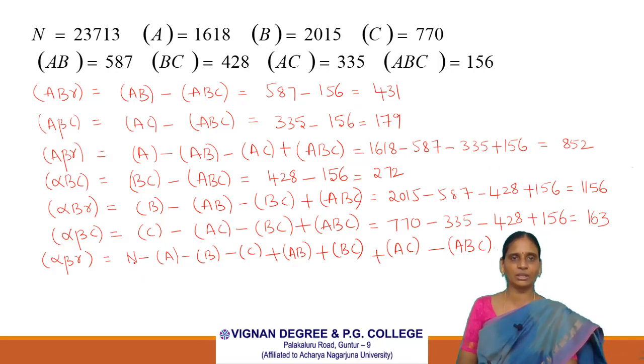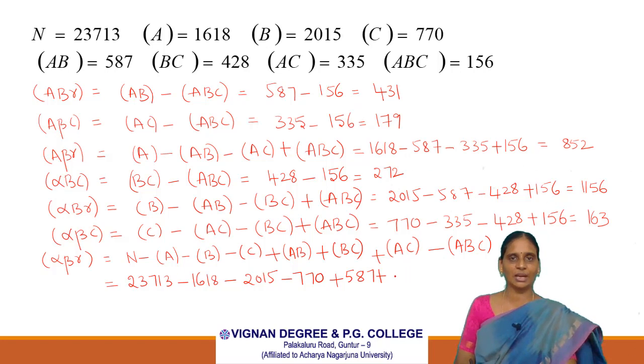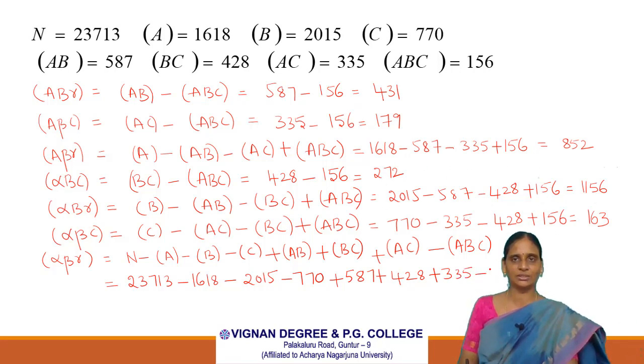Now substitute all the values in this expression. The value of N is 23,713 minus frequency of A value is 1618, frequency of B value is 2015, frequency of C value is 770 plus frequency of AB value is 587 plus frequency of BC value is 428 plus frequency of AC value is 335 minus frequency of ABC is 156.